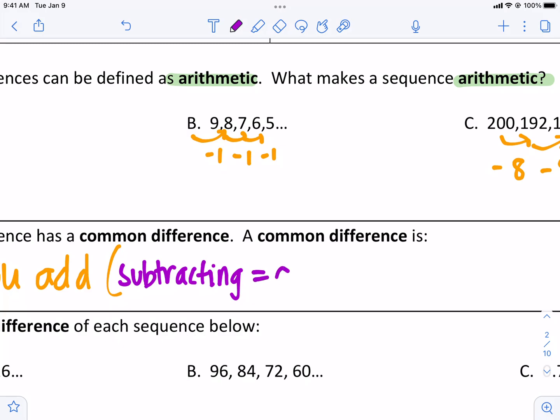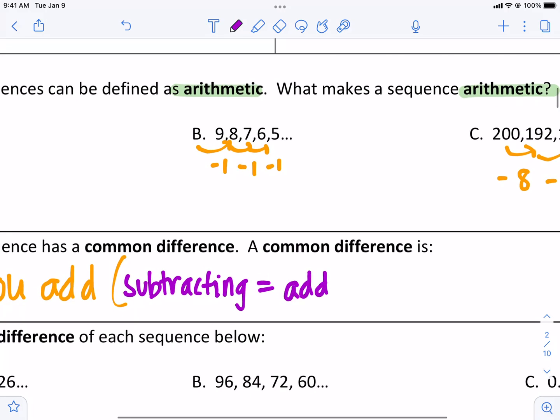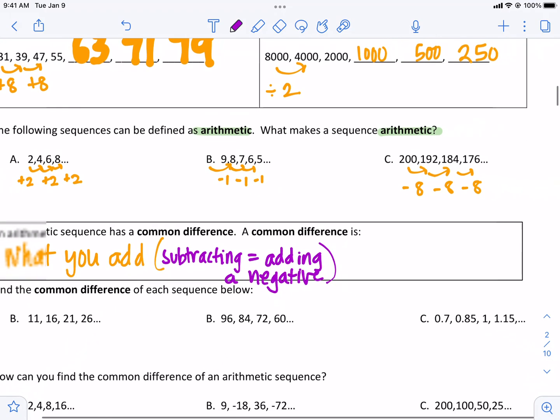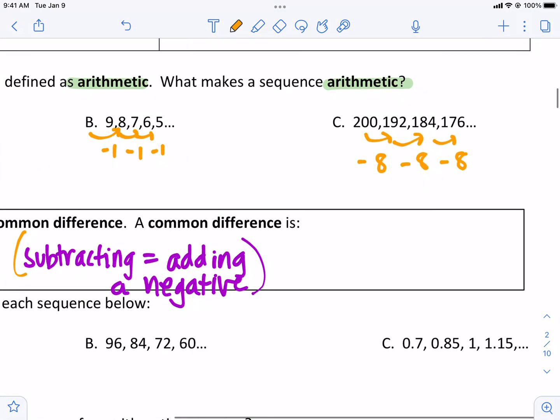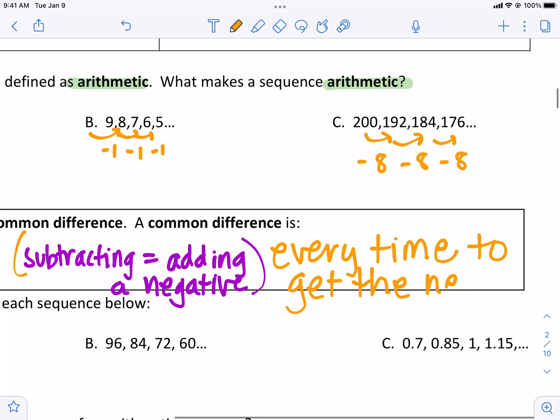So a common difference is what you add each time to get the next number in the list.